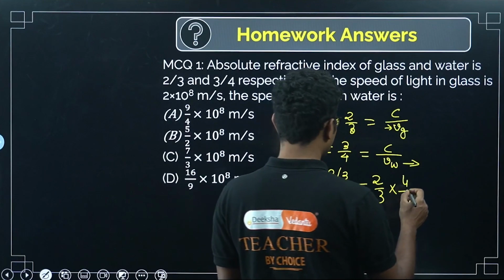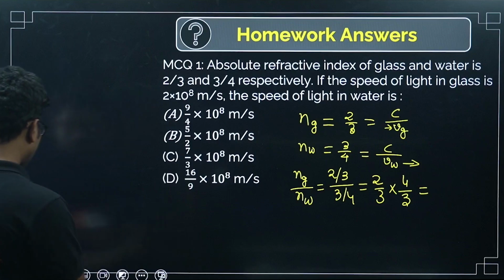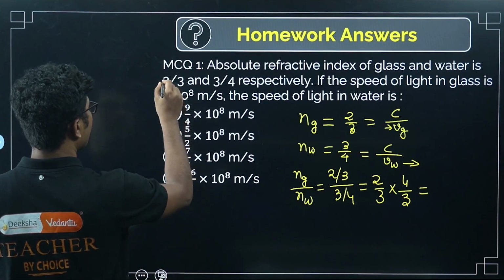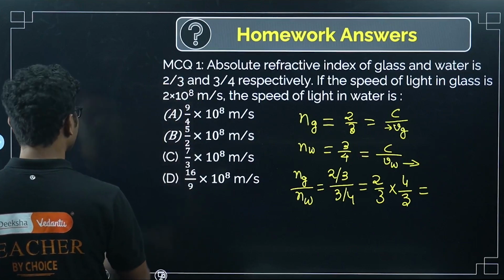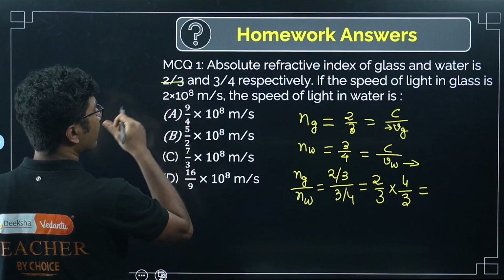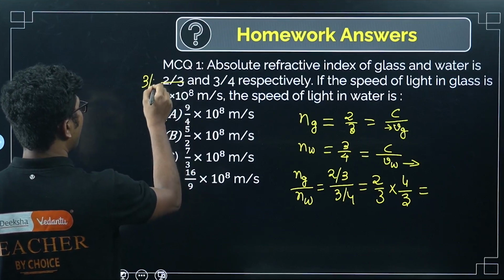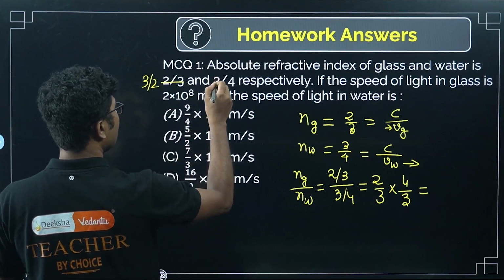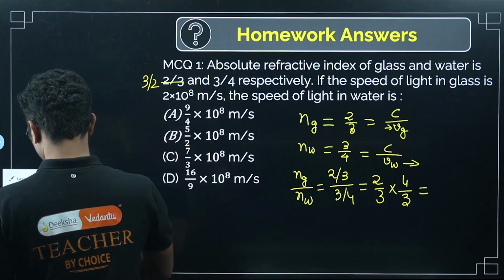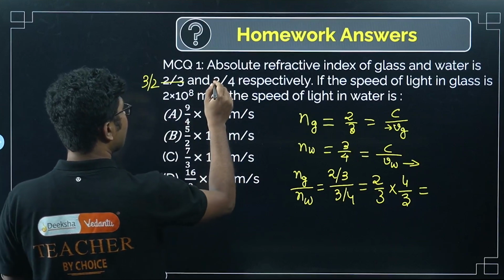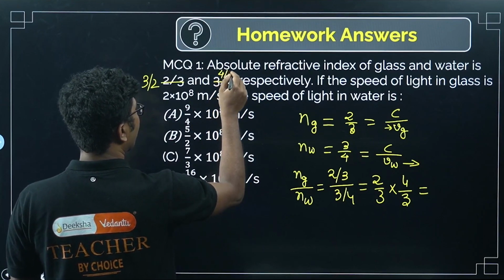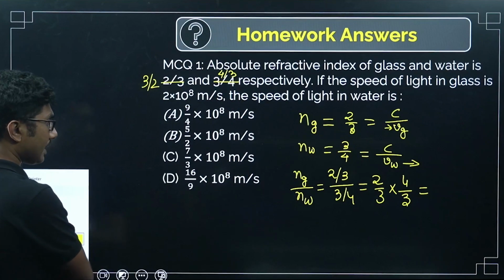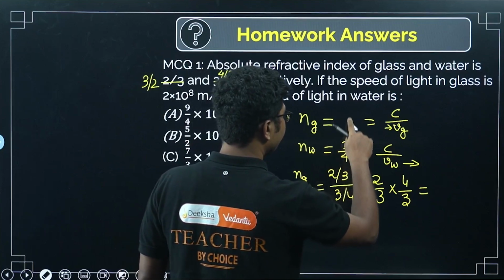So the data given here is incorrect. It is not 2/3. The absolute refractive index of glass should be 3/2, and the absolute refractive index of water should be 4/3. So there is some data issue, and I am sorry if you were not able to solve this correctly because of this. Let me correct that here as well.